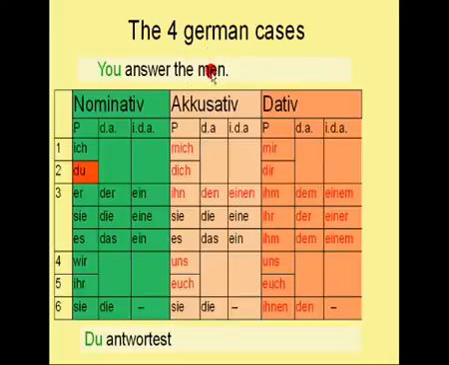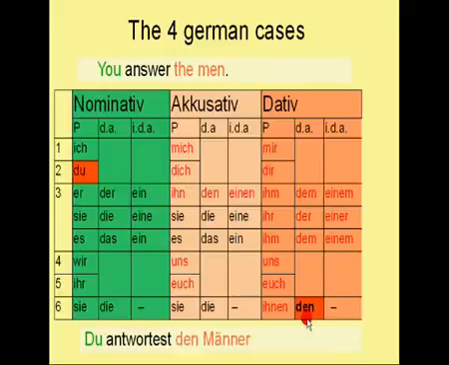And we have the noun man, which is a plural noun, a masculine plural noun. So what is the definite article for plural nouns in German? It is the article den. So now, as you learned in my previous lesson, Männer is the translation for men. So you might think, okay, the sentence must be Du antwortest den Männer.